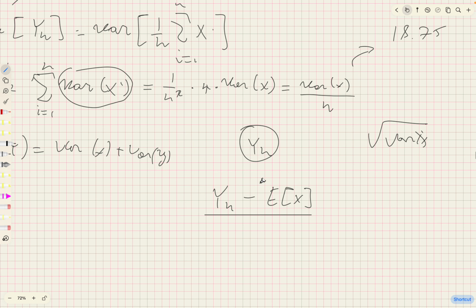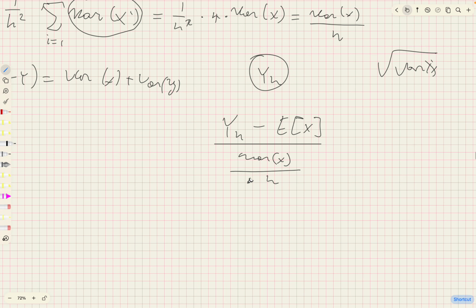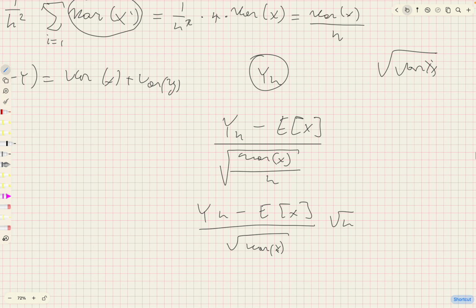And what was our variance? Our variance was the variance of X over n, and we take the square root, and then we can write it as the standard deviation of X over the square root of n, and this comes at the top.